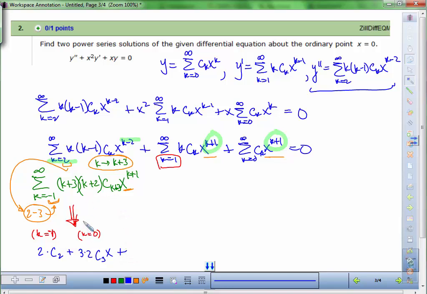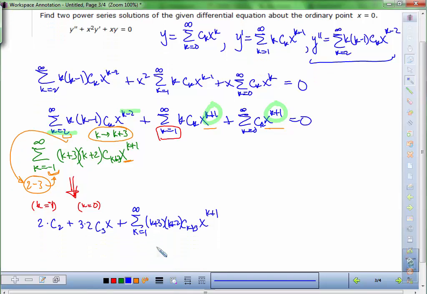Plus, now that I have those first two terms out of the way, I can just rewrite the sum. k goes from 1 to infinity of (k plus 3)(k plus 2) c_(k plus 3) x to the k plus 1. So that's the rest of the series. I took this series here in green, I just took the first two terms of the series, and then the rest I wrote like this. All right? So that's one.